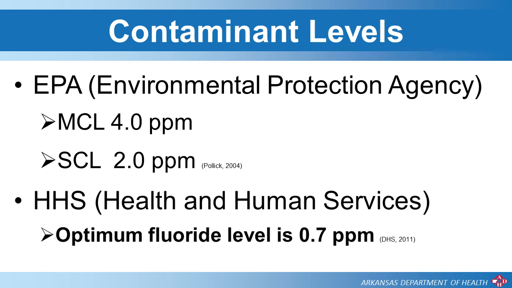The Department of Health and Human Services recommended the optimal level of fluoride to be lowered from 1 part per million to 0.7 parts per million back in 2011. This was due to the effect we mentioned earlier, the halo effect, and the more readily accessible availability of fluoride. The EPA made that transition to 0.7 parts per million in April of 2015.